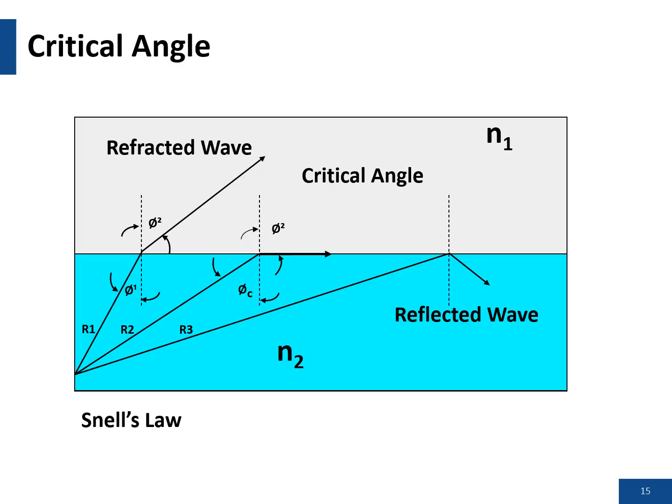It's a phenomenon known as Snell's law. If the light angle is basically outside of the cone, or the critical angle, then refraction is going to take place. If it's inside the critical angle, then total internal reflection is going to take place.